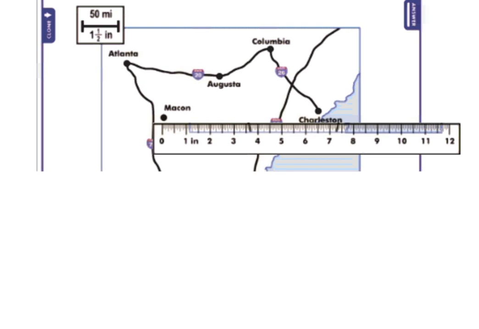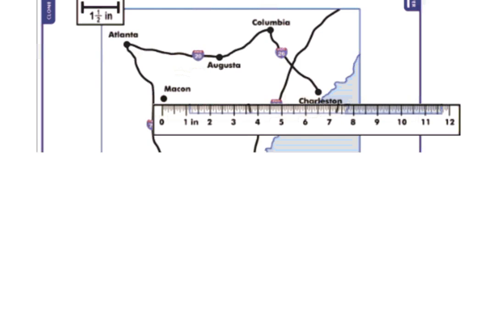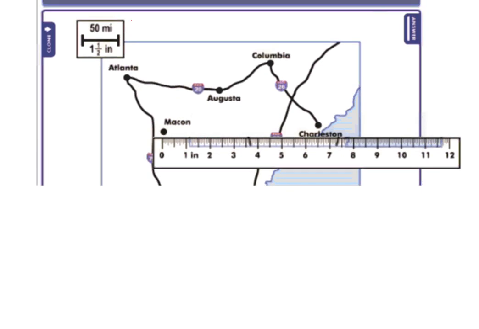Quiet, please. And so we have a couple things on our picture here. We have right here the scale. Almost every map will have a scale on it somewhere. And it'll tell you how much distance on the printed map corresponds to how much real distance.